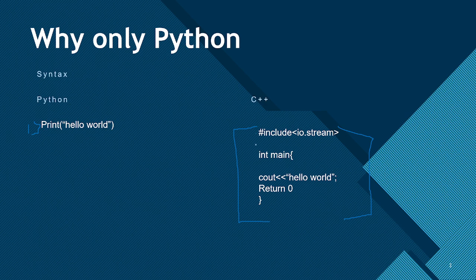I think 1 2 3 4 5 lines of code we need to write in C++. This is the same with many languages like C, Java, Kotlin, etc. So let's move on to our next slide.